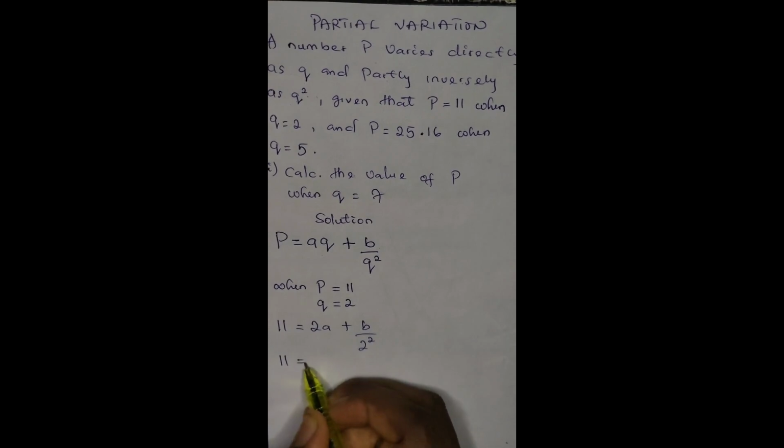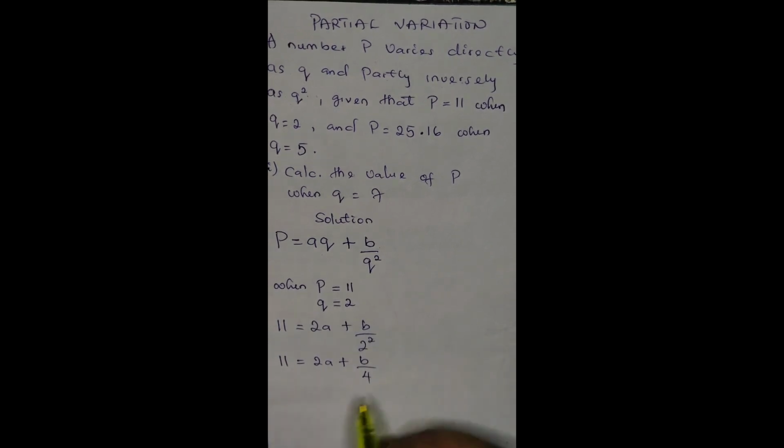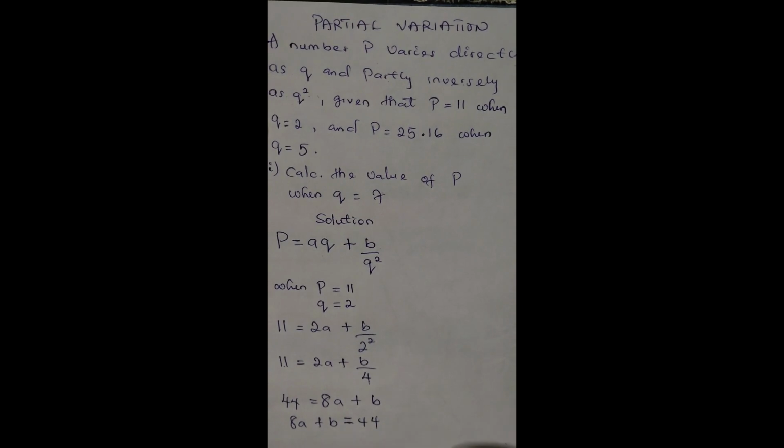This will be 11 equal to 2a plus b over 4, since 2 to the power 2 is 4. So multiply through by 4. We have 4 times 11, which is 44, equal to 4 times 2, which is 8a plus b. So the first equation becomes 8a plus b equal to 44. This is equation 1.